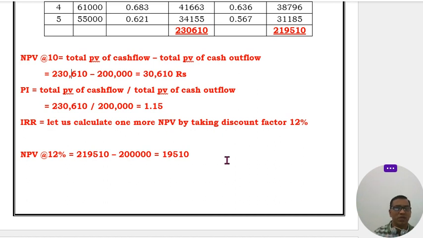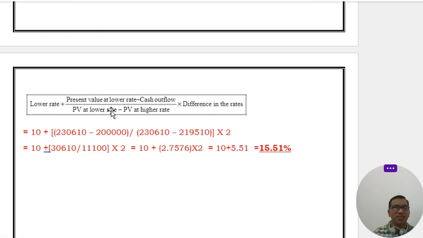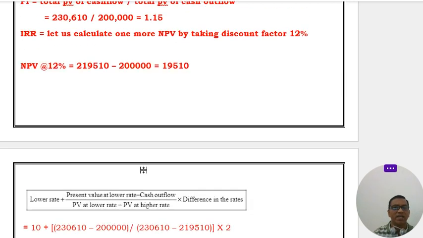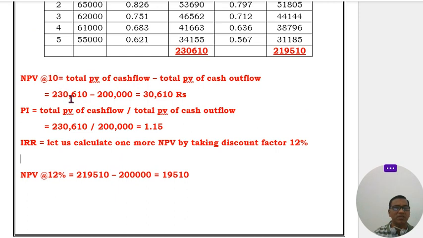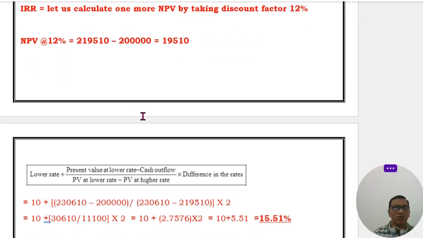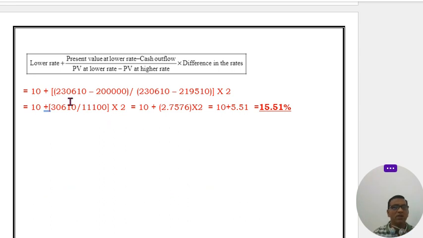Anything more than 10 is okay. You can try 11, 13, 14. But I tried 12% and I have one more NPV. Now I have two NPVs. Then I substitute the values in the formula. Out of 10% and 12%, which is the lower rate? 10% is the lower rate. So I took 10 plus present value at lower rate minus cash outflow. At 10%, this is the present value and this is the cash outflow. 230,610 minus 200,000, divided by PV at lower rate, that is 230,610 minus PV at higher rate.